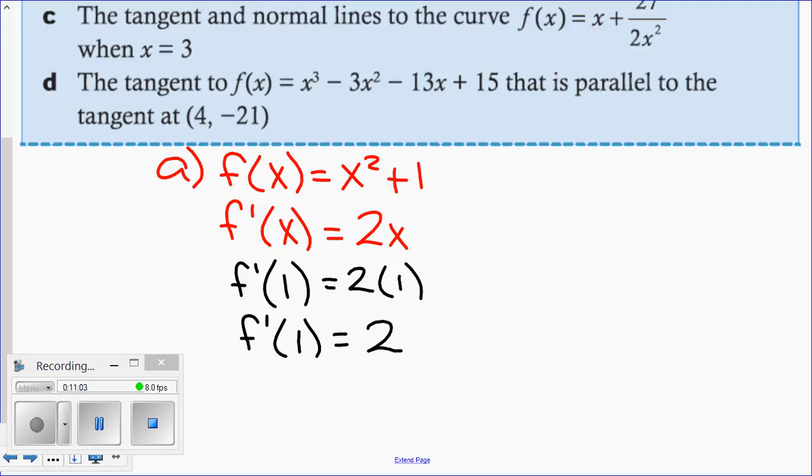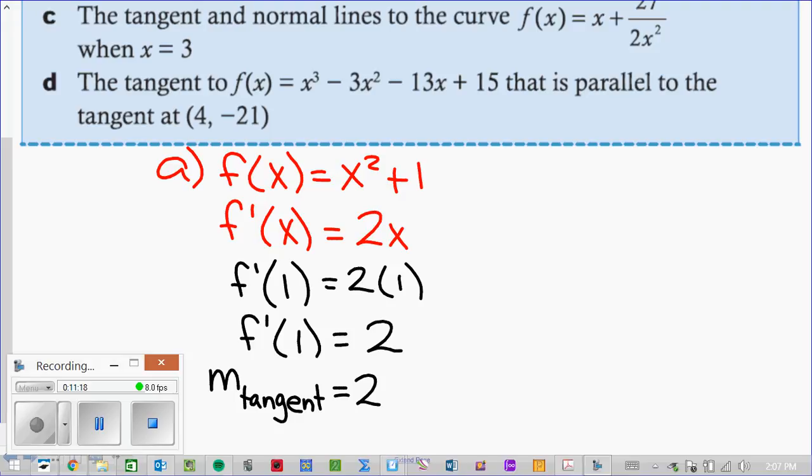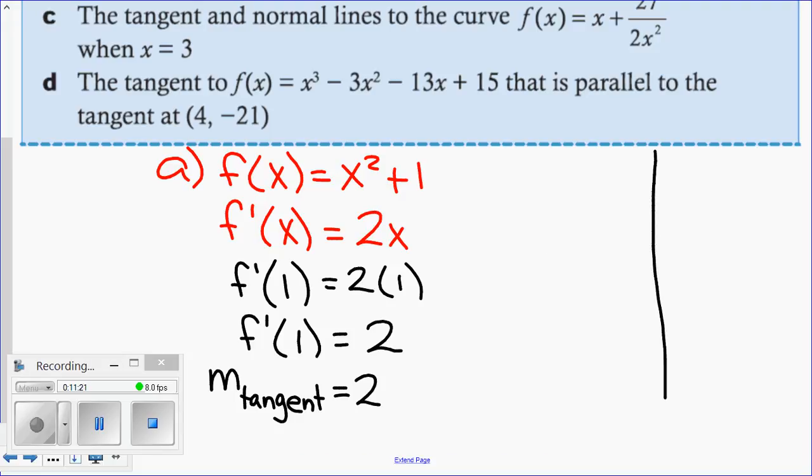I'm going to write it like this: the slope of the tangent line is 2. Voila. When we're at 1, right there. When we're at 4, oh look, steeper slope.